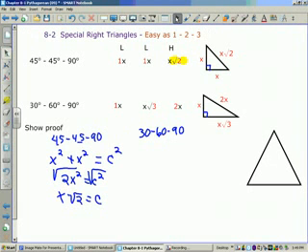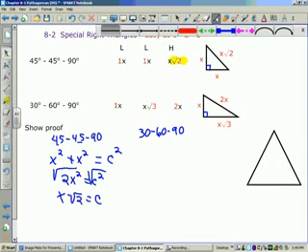And I want to draw a line from the vertex perpendicular to the base, and this will bisect.